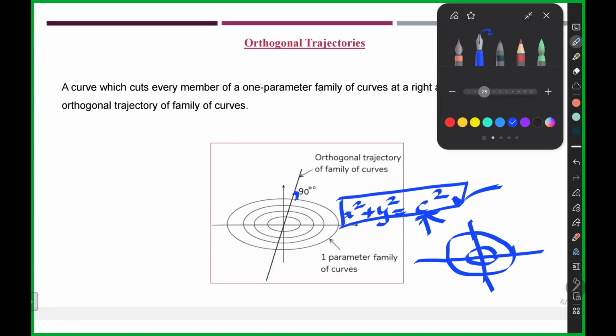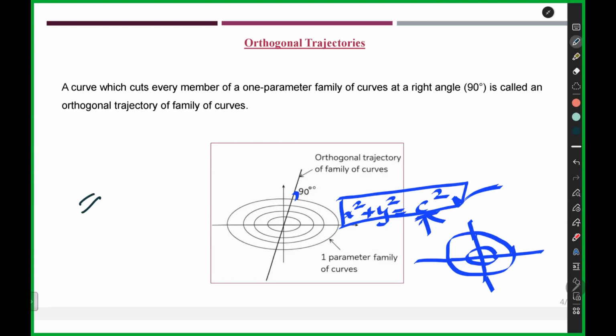Now for the orthogonal trajectory, if we go for slope, say I have a one-parameter family of curves.